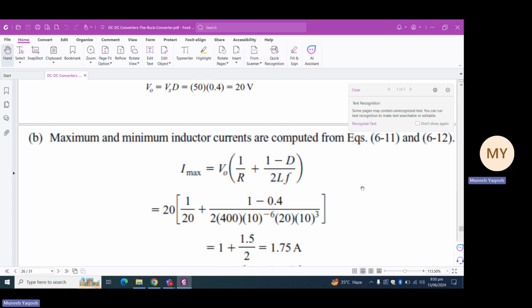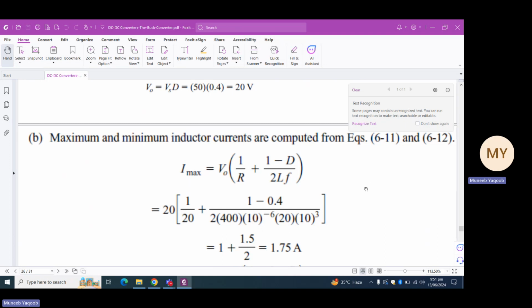From this, we conclude that the maximum current is 1.75, while the delta IL is 1.5, because if we compare this with the expression that we derived in the previous lecture, in place of delta IL upon 2, we are getting 1.5 upon 2.